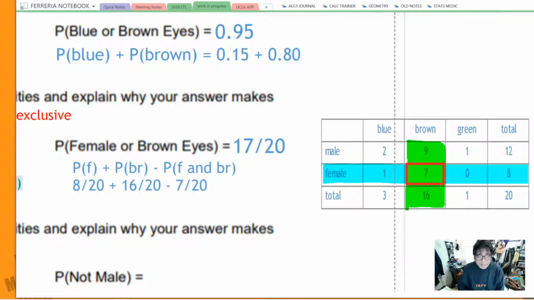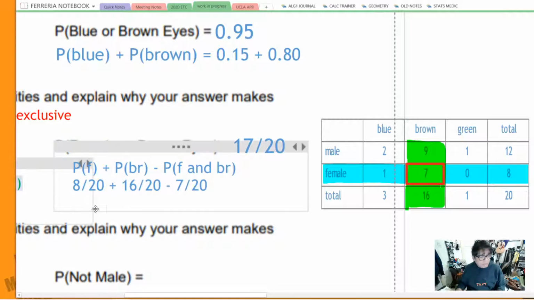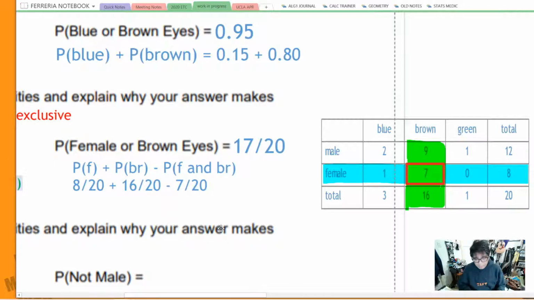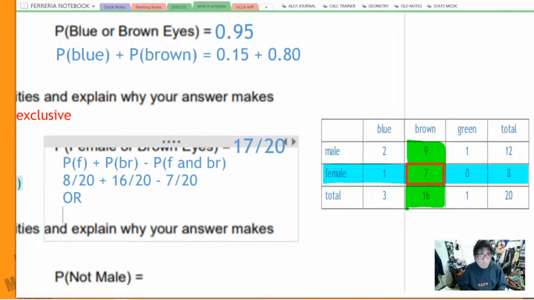Now, I was going to say there was an alternative to this, and an alternative that you can do is just count all of the boxes, basically, that are both brown and female. So what I mean by that, well, we've got 1 blue-eyed female, plus 7 brown-eyed females, plus 0 green-eyed females.